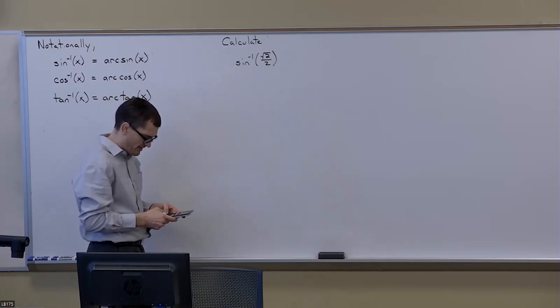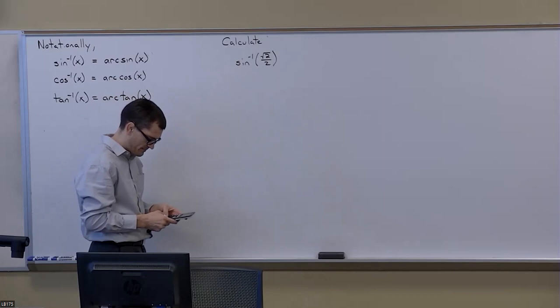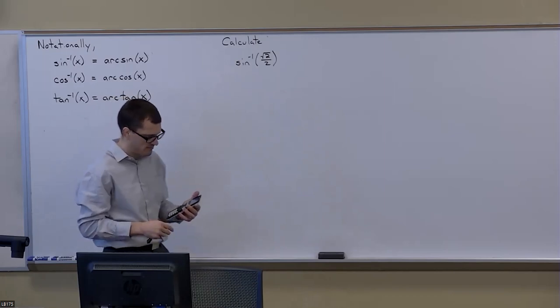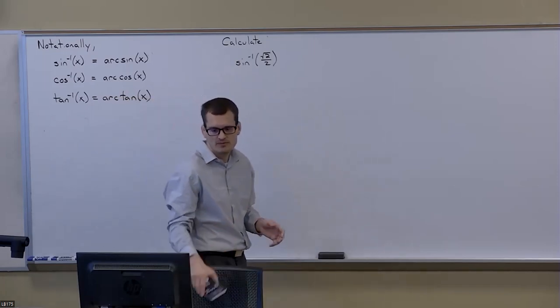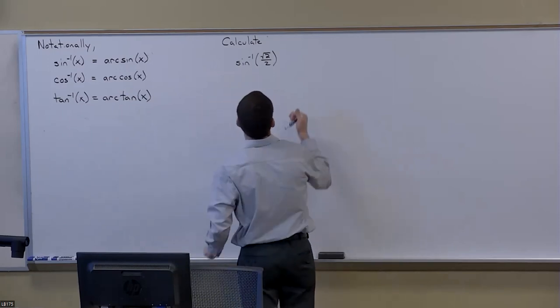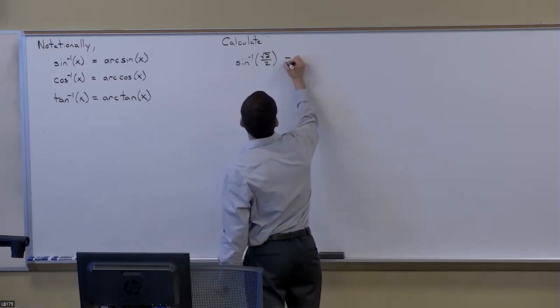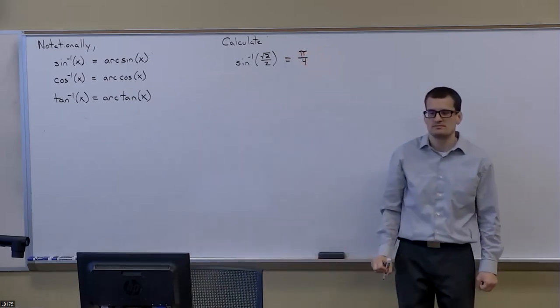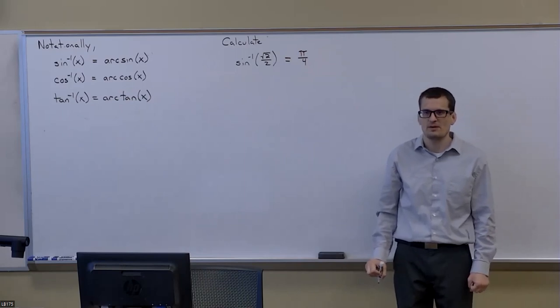We could type this in to our calculator and get 0.7854 roughly. But let me explain why this needs to be pi/4.